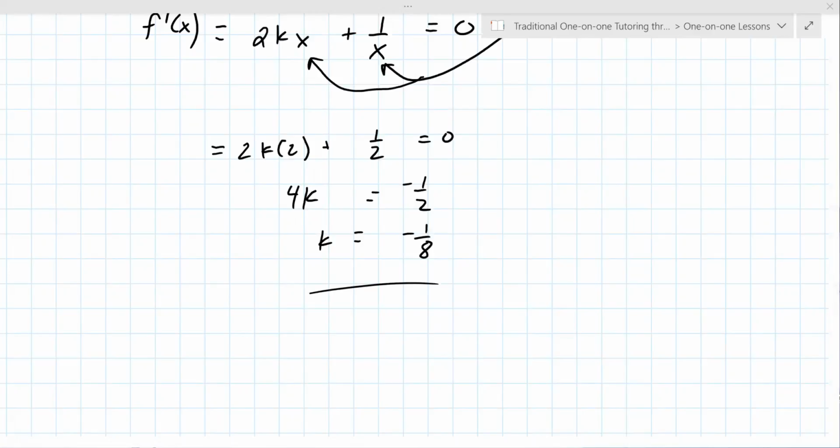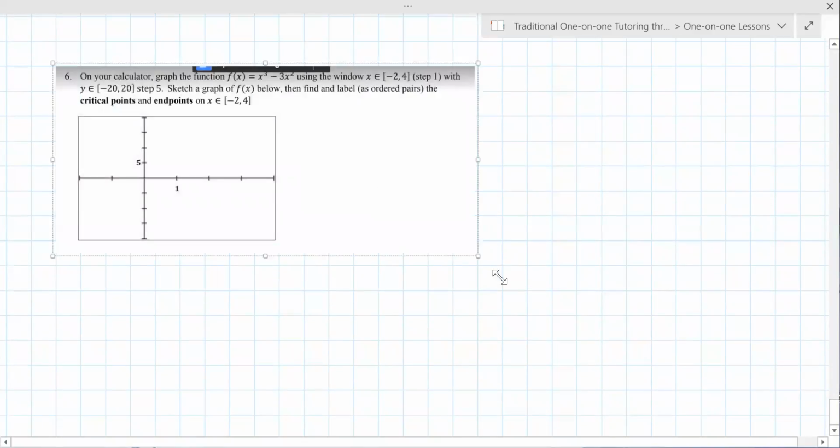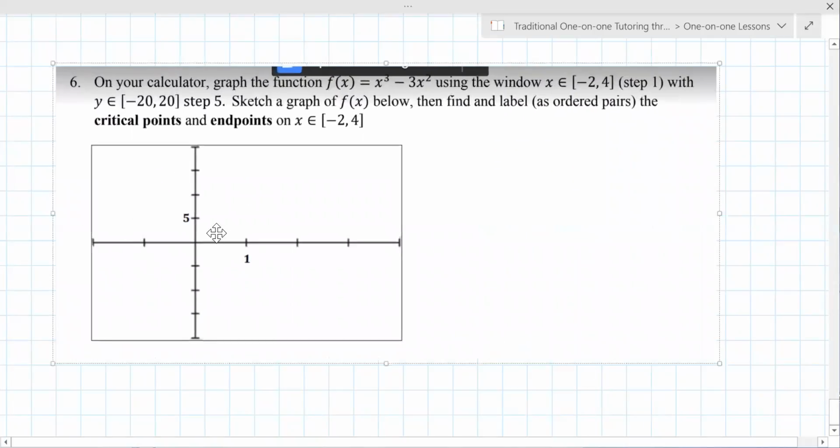Okay, so 6 is a graphing problem. If you have that calculator handy, I would recommend graphing this one. I'm going to graph it in Desmos, but I'll keep the window here. Now notice, this is very important here. The step size on the x-axis is 1, the step size on the y is 5. Those are your ticks.